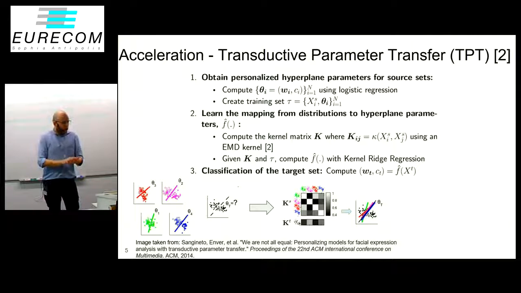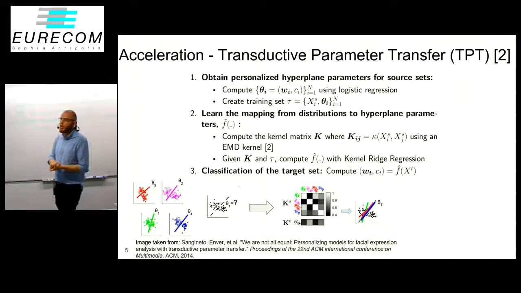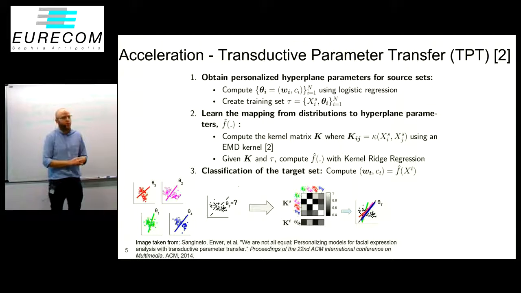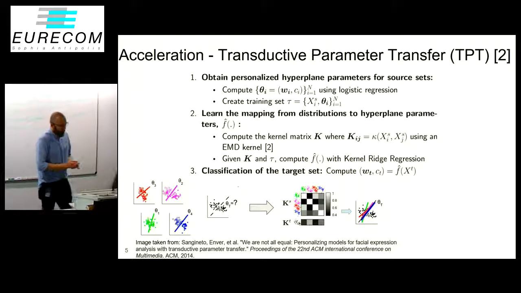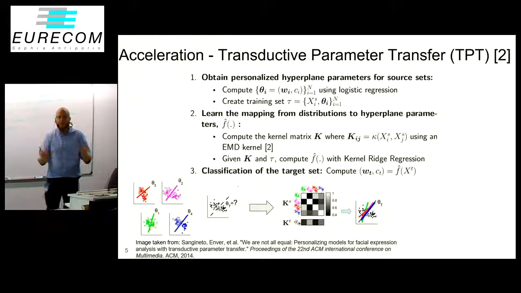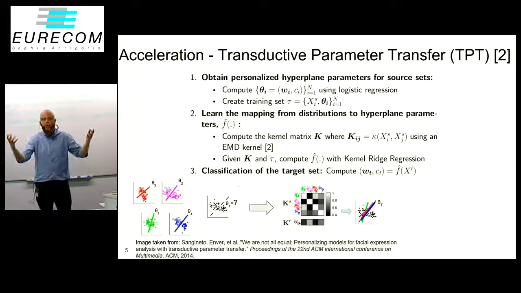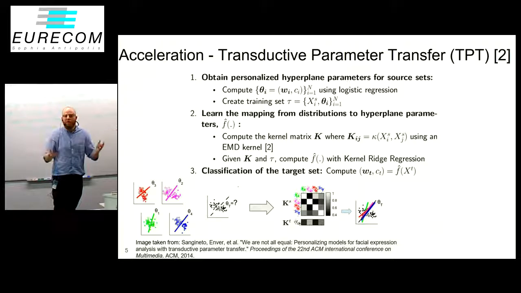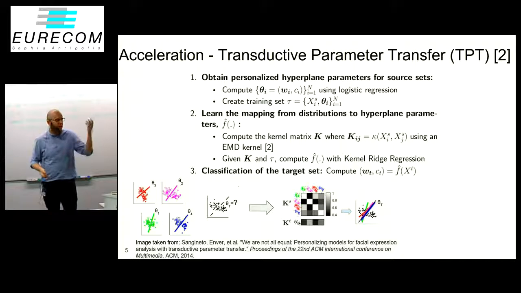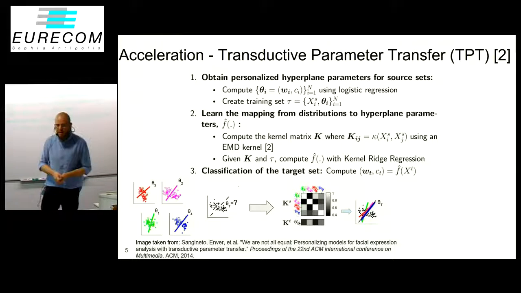In order to do so, we use a kernel, the Earth Mover's Distance kernel, which can define distances between distributions. We use this kernel to learn a mapping between the distribution and the parameters. After we obtain this mapping, we can just plug in the data of a test participant, and it will give us the optimal parameters for their classifier.